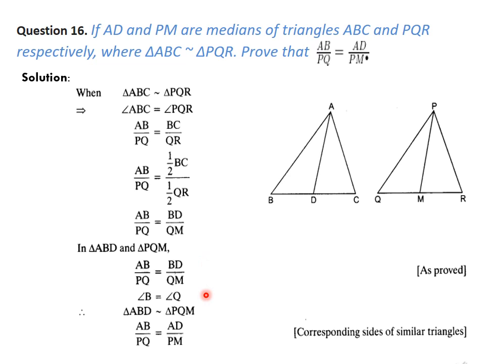From these two conditions, we can say that by SAS similarity criterion, triangle ABD is similar to triangle PQM. Now since these two are similar to each other, we can write the ratio AB by PQ is equal to AD by PM. This is what they have asked for.